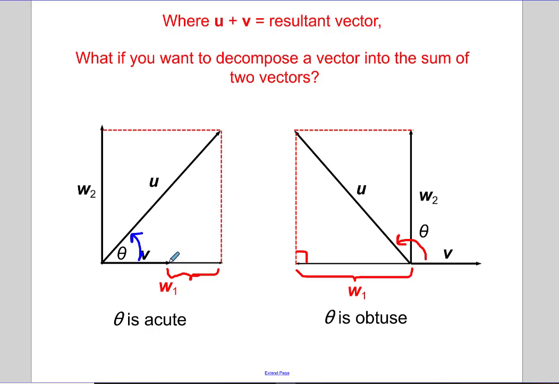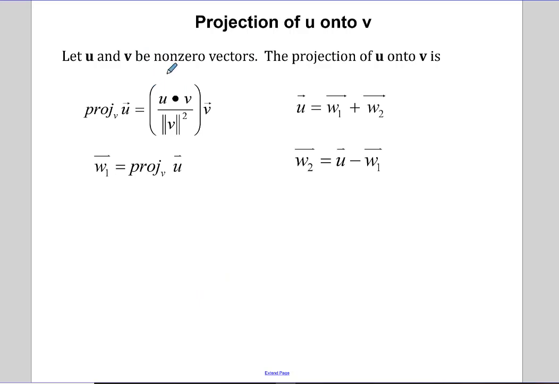So the component is that little extra piece that fills in, makes vector v long enough so that we can create that tip to tail or that parallelogram to add this component plus this component w sub 2 in order to get vector u. So that's what that extension would look like. And these are the 4 different formulas that we can utilize in finding components of vectors, whether it's the projection or the sum of 2 vectors to get u, or the difference of 2 vectors to get one of the components.